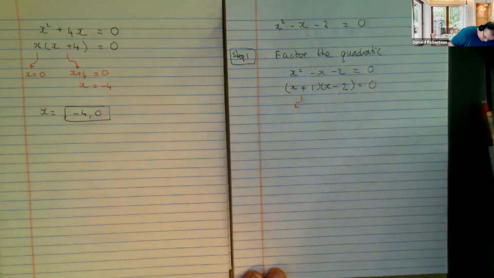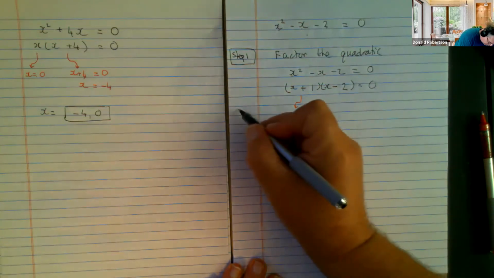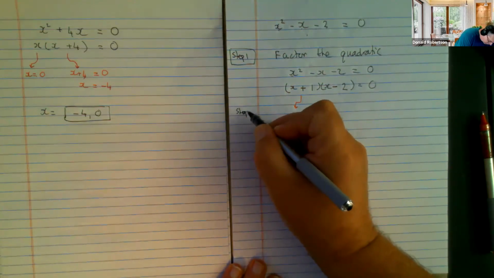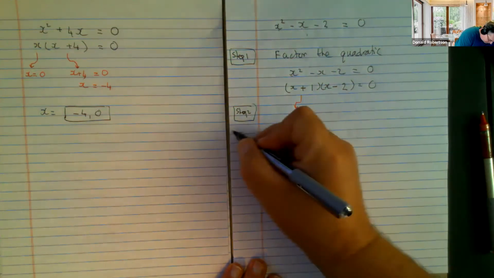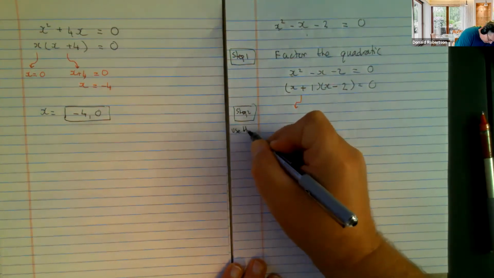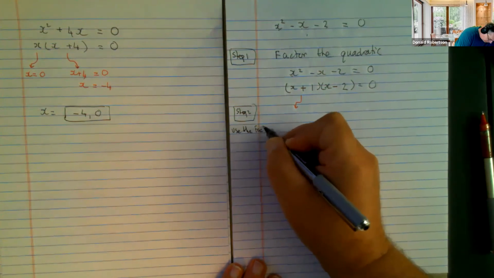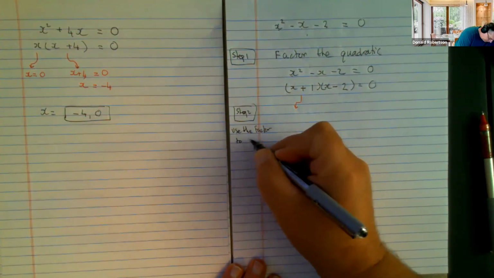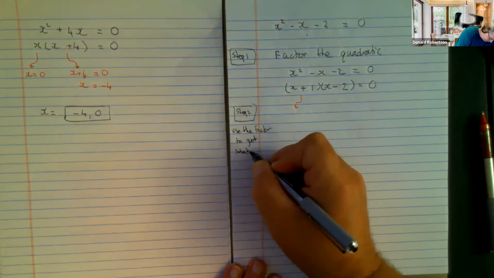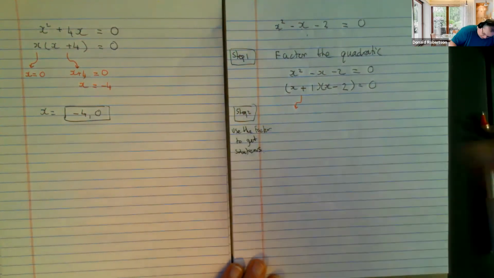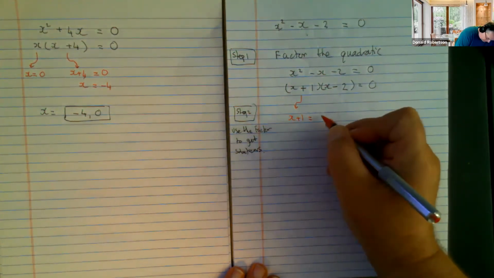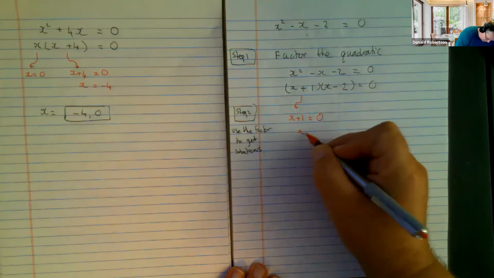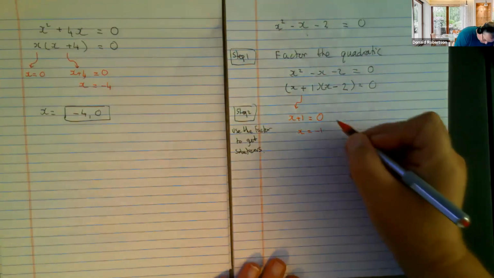We then move on to, once it's factored, step 2. And that is basically use the factors that you found to get solutions. Well, this factor is x plus 1, and for it to be 0, x would have to be negative 1, so that's one of my solutions.